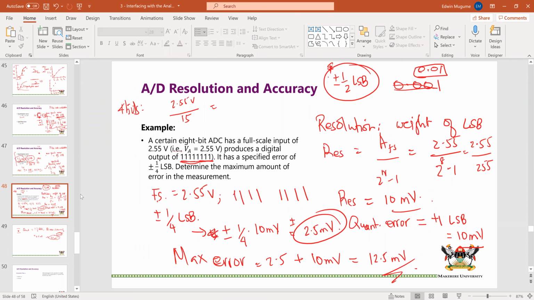What does that give us? 0.17 volts, which is equal to 170 millivolts. So you can see in this case that if you did your errors, you'll end up with a much bigger error, because you are using fewer bits.